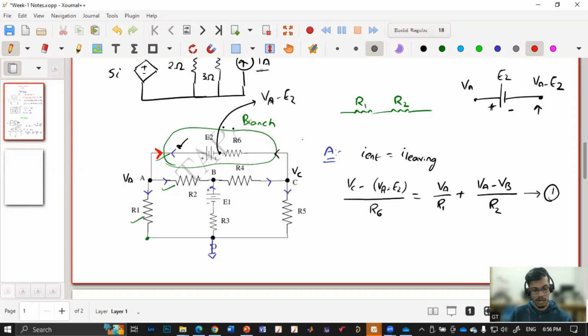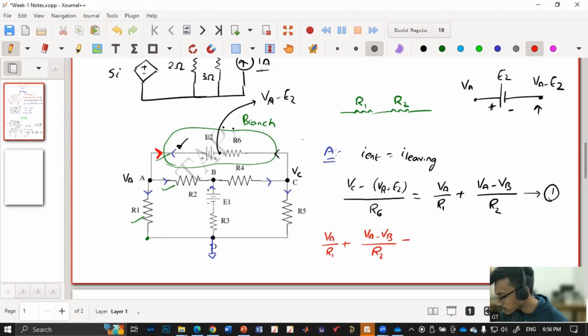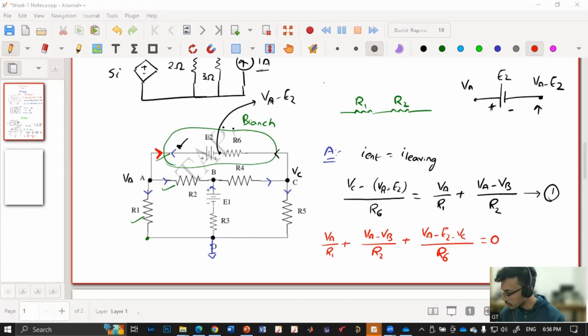If there is no entering path and currents are leaving, then the summation should be 0, right? So according to your convention, VA by R1 plus all the currents leaving, it should be 0, plus whatever you have sent, VA minus E2 minus VC by R6 equals 0, right? Do you agree, whoever has asked, Pawan? Do you agree that according to your convention, this is the equation? Because whatever you have considered, currents are leaving.